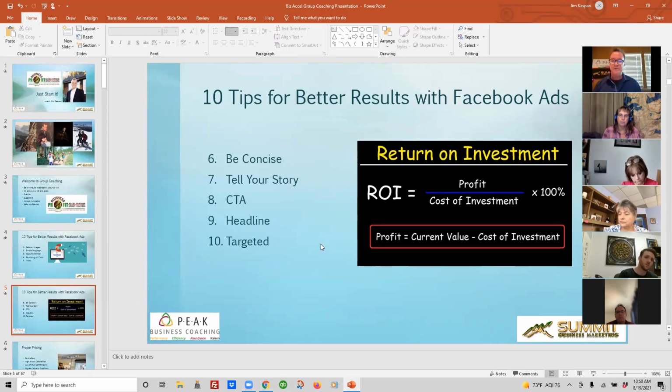Facebook is not in the business of providing a free place for us to keep up with our friends. They're in the business of selling ads. So they're going to do whatever they can to help us spend more on ads and continue to do ads. So there's a lot of features.